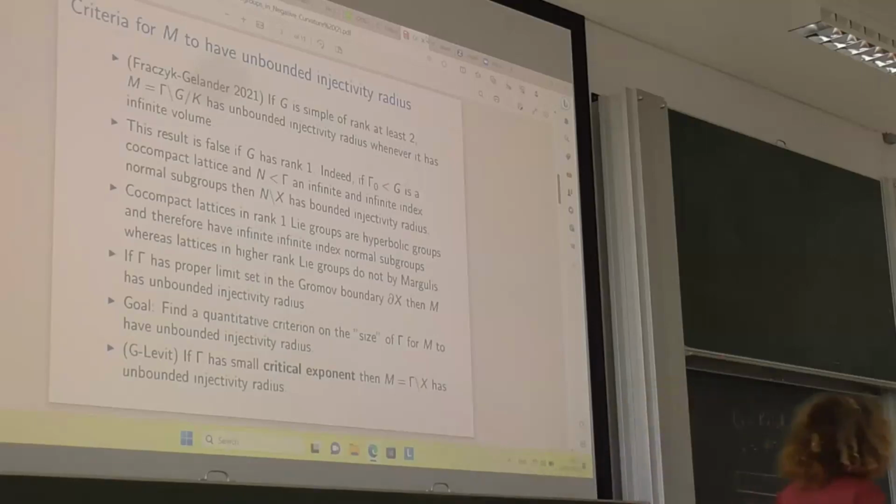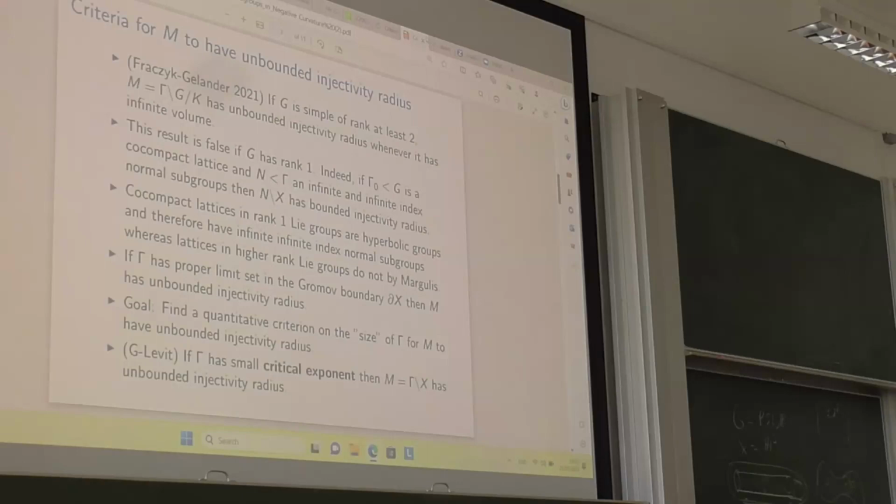For higher rank symmetric spaces, Fraczyk and Gelander prove a remarkable rigidity result: if you have a locally symmetric space of infinite volume, then it automatically has bounded injectivity radius. So in higher rank you cannot get this kind of cylinder.